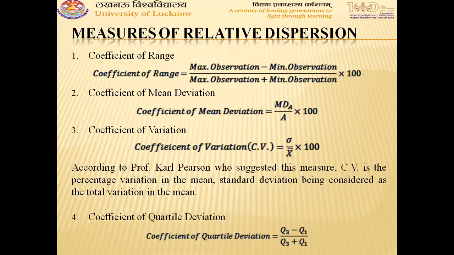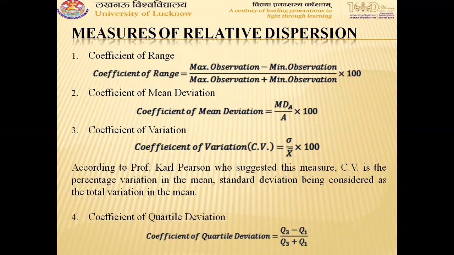Similarly, for coefficient of mean deviation, we can divide the mean deviation by the origin about which it is calculated. That is, coefficient of mean deviation is MD upon A into 100. If we use simple mean deviation about mean, then the formula will become mean deviation upon X bar into 100.